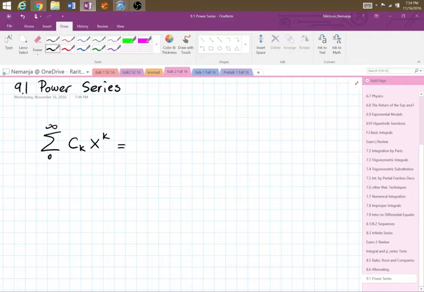Well, when you have k equal to 0, you just have c0. When k is equal to 1, because it's a series you go plus c1x, c2x squared, plus c3x cubed, plus ... forever. Because it's infinity.